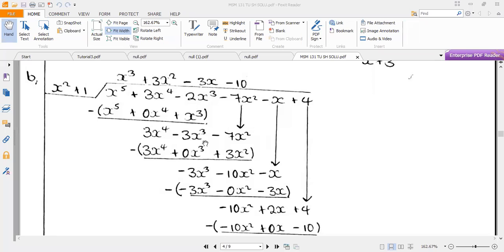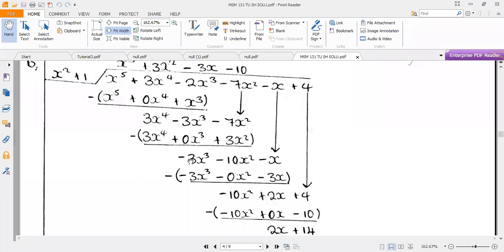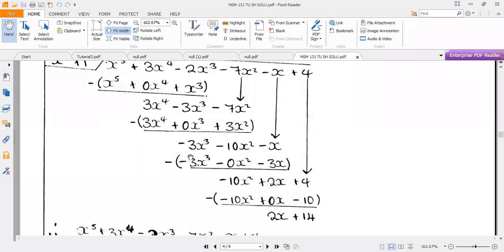And again, we don't have x power 3, so we introduce a 0x power 3. If we subtract, we're going to have negative 3x power 3, minus 10x squared, because negative 7x squared minus 3x squared is negative 10x squared.